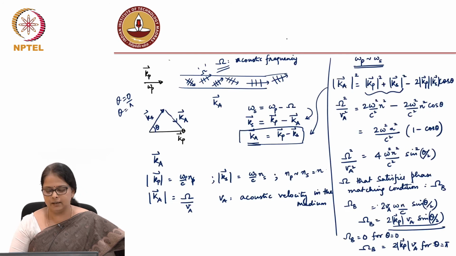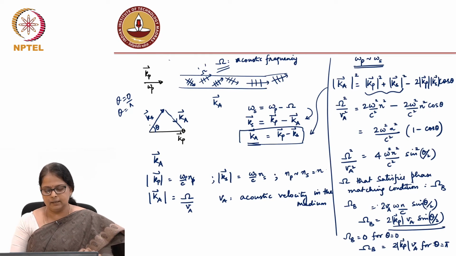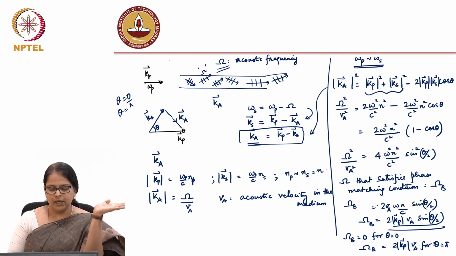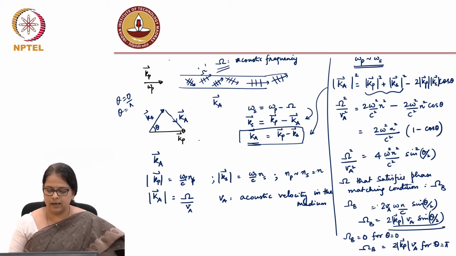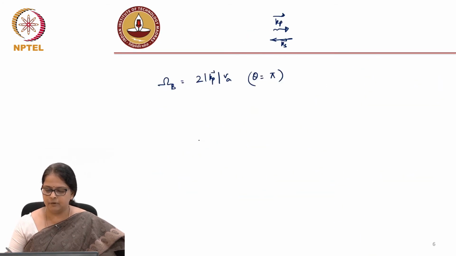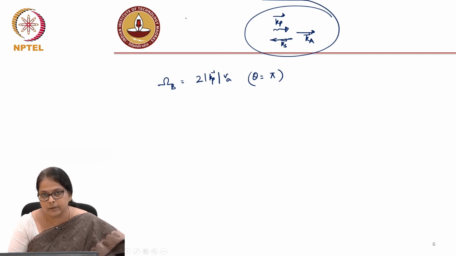Corresponding to that, where is the acoustic wave? If Ks turns in the opposite direction, it means that your acoustic wave vector Ka is in the forward direction. This is the acoustic wave vector, right?